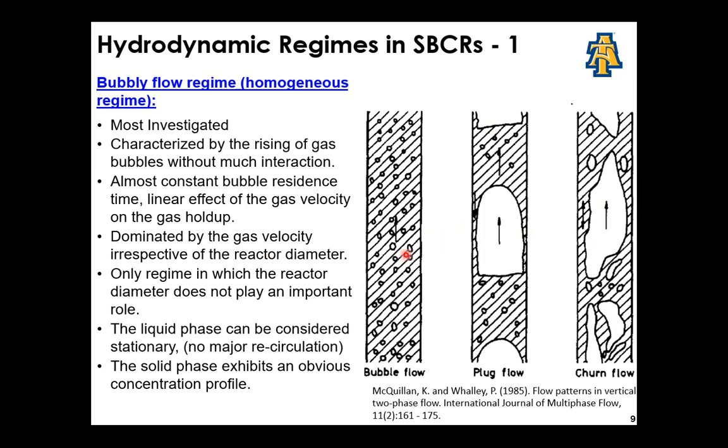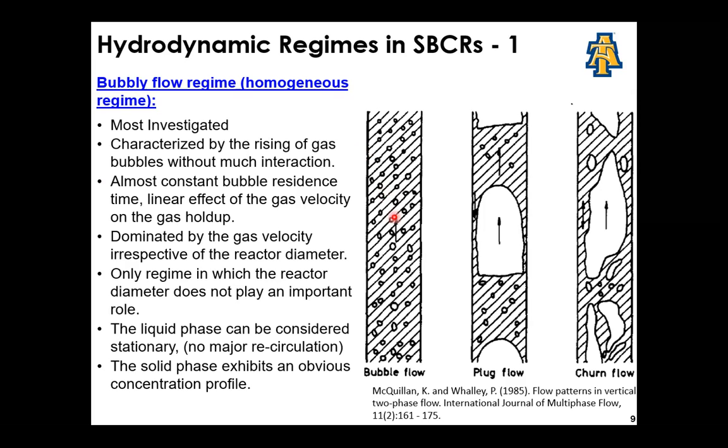Different parameters like our superficial gas velocity, our liquid height, and our solid concentration affect our flow regimes. The homogeneous or bubble flow is the most widely investigated regime, and it usually occurs at low to moderate superficial gas velocity.